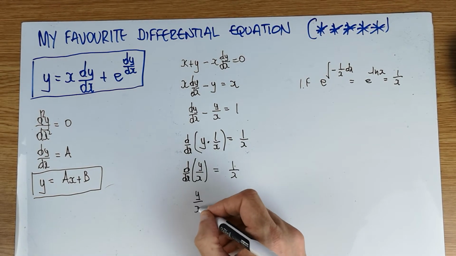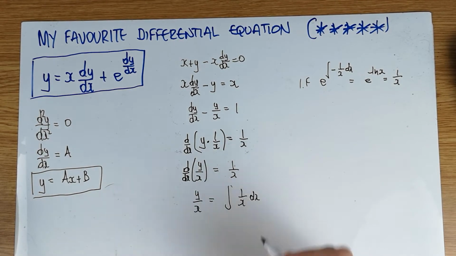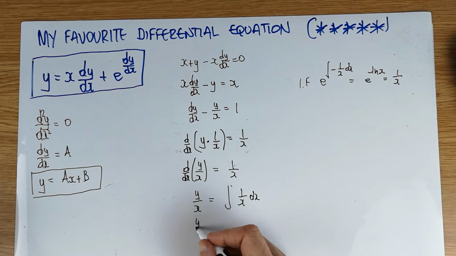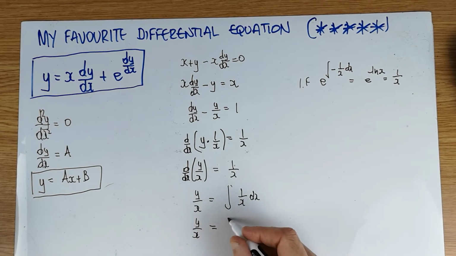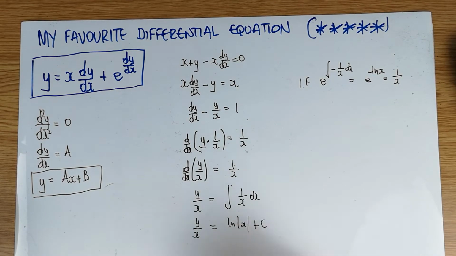So y over x is equal to this. Y over x is the log of x. Shall we put mods there? Let's put mods. Plus some kind of constant.